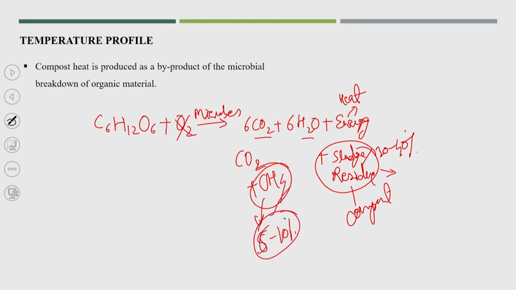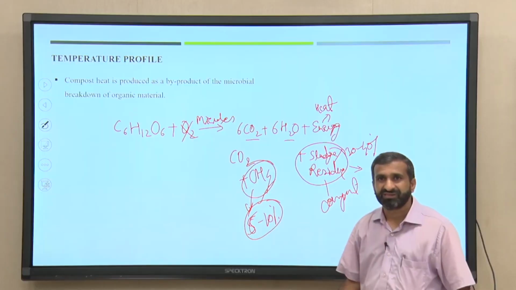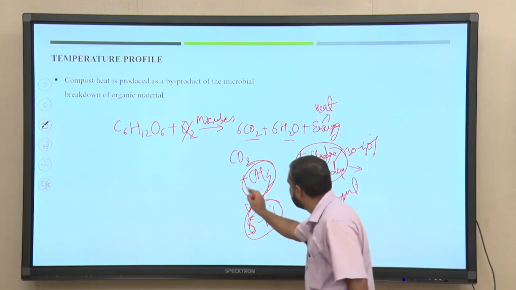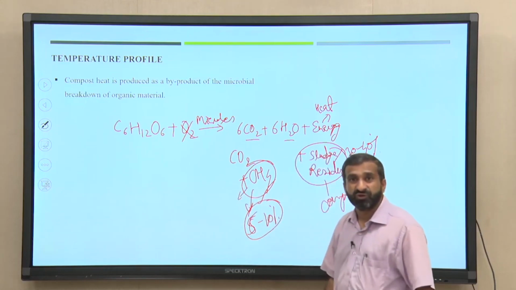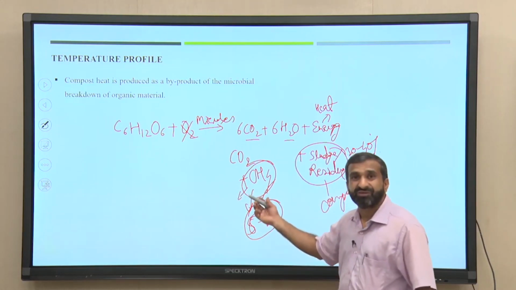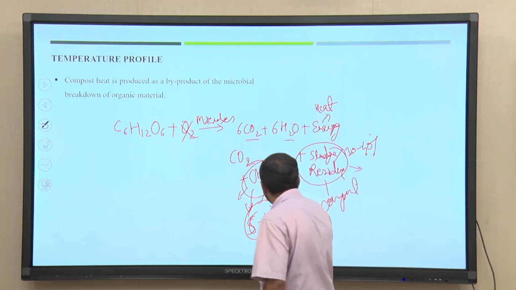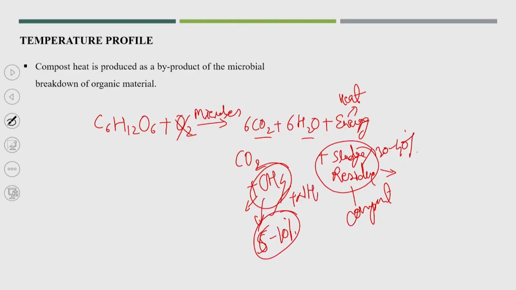So, what is the benefit of the anaerobic degradation process? There is no benefit of anaerobic condition, because unnecessary odorous gases are produced. Even nitrogen will come out in the form of ammonia, NH3 gas, in the anaerobic process.